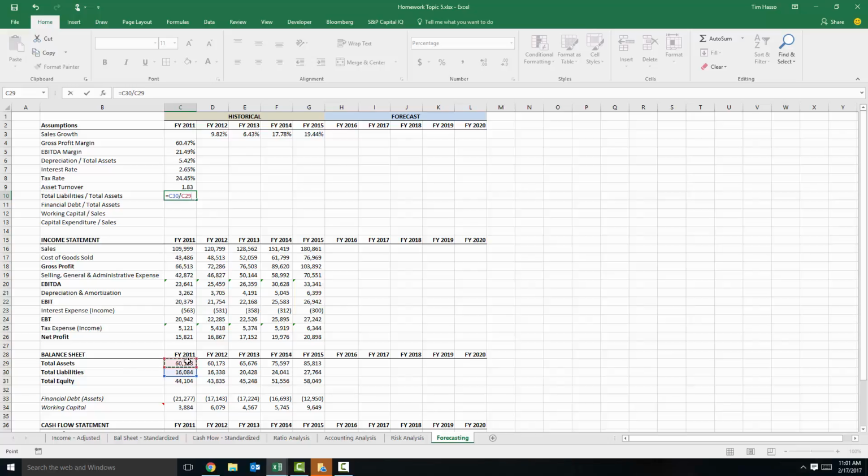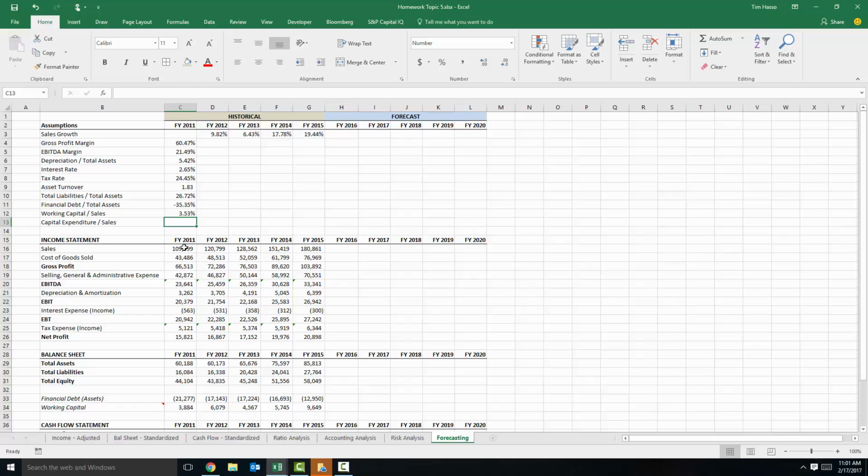So C30 divided by C29. Our financial debt to total assets is very similar, but in this case we take our financial debt divided by total assets. We then have our working capital to sales, which is, again, working capital, found in C34, and you divide it by current year sales, which is in C16.